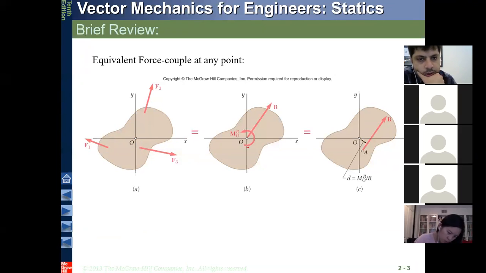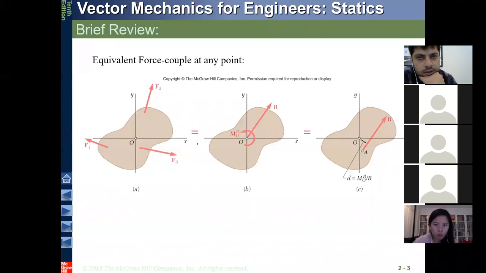For example, if you wanted it at point O, then you first determine the resultant of all these forces. For example, here, if it is a 2D case, it would be sigma F_x and sigma F_y for the resultant in the x direction and y direction.